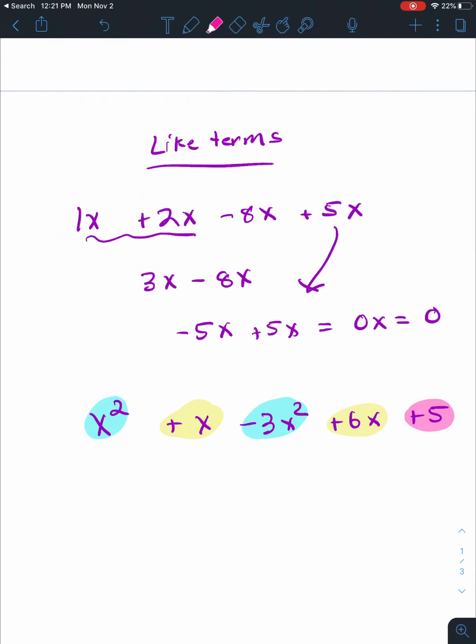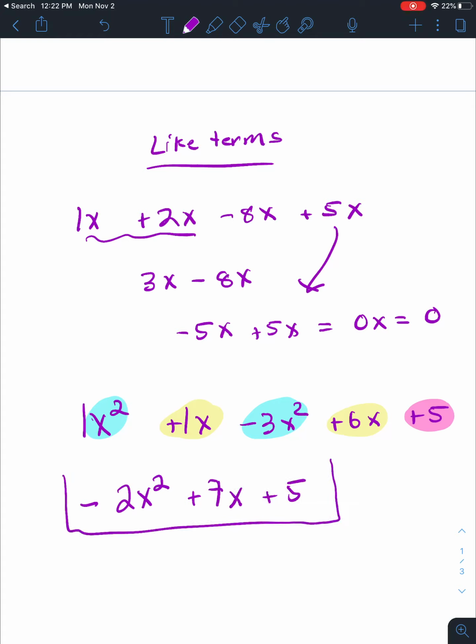There is no other constant, so that plus 5 will just stay the same. When we do this math, also recall that x squared is really just 1x squared. So if I have 1x squared and I subtract 3x squared, I have negative 2x squared. When I do 1x and I add 6x, I get 7x. And then I just copy that 5 because that is all that I had right there.